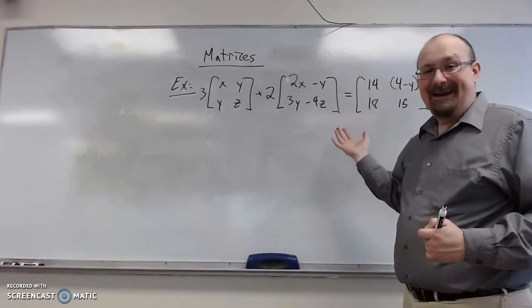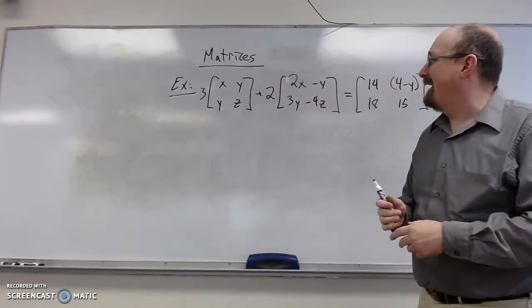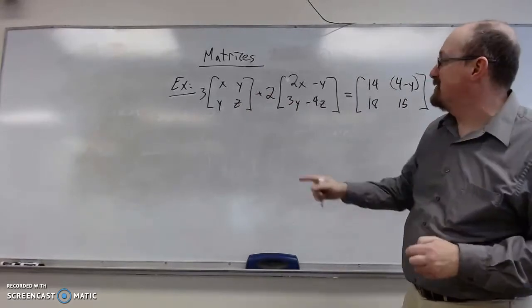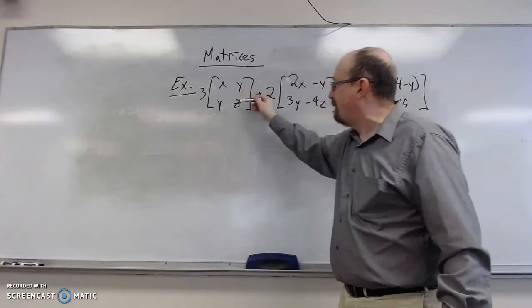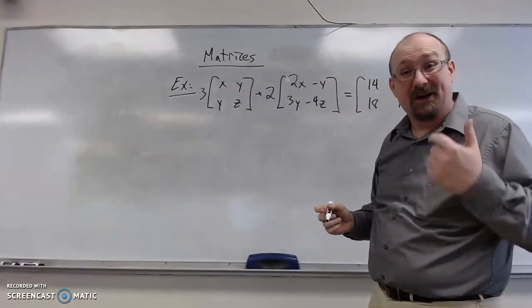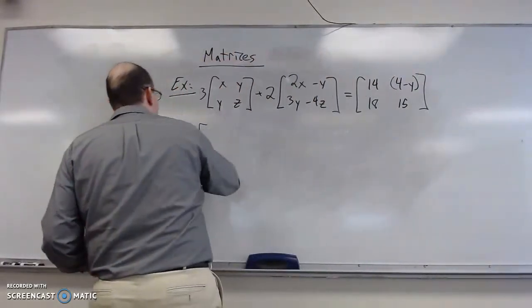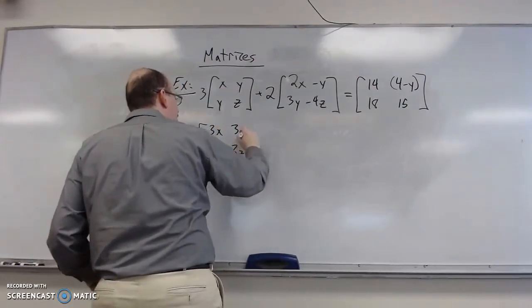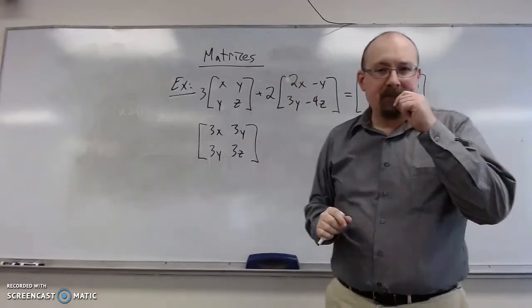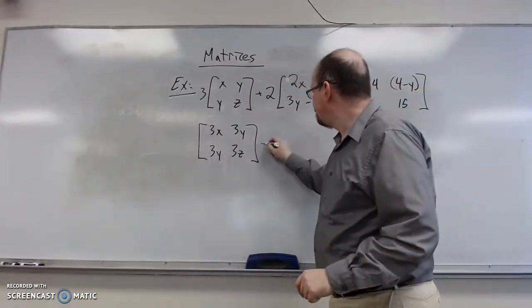So here's my idea. I'm going to go ahead and do the scalar multiplications on this side. For this first guy, we got that 3 out front. Each of the 4 numbers inside this matrix is going to get multiplied by 3. So 3x, 3y, 3y, 3z. Okay, so yeah, that's scalar multiplication.